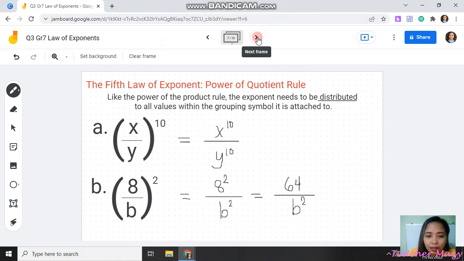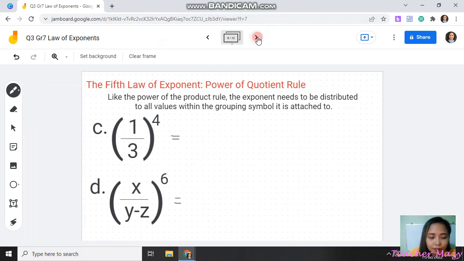Okay, so next is this one. So 1/3 raised to 4. 1/3 raised to 4. So just distribute it. So 1 raised to 4 and then 3 raised to 4. So what is 1 raised to 4? That is 1 times 1 times 1 times 1.